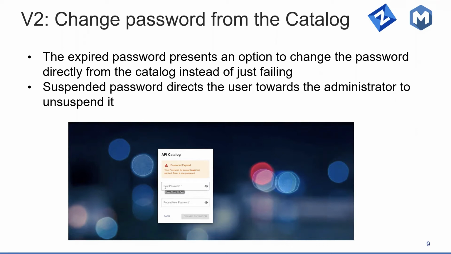Afterwards, the catalog handles the backend job of actually changing the password for the mainframe system. And in case of a suspended password, it directs the user towards the administrator. So there is a way to unsuspend and change or resolve this problem for the user.